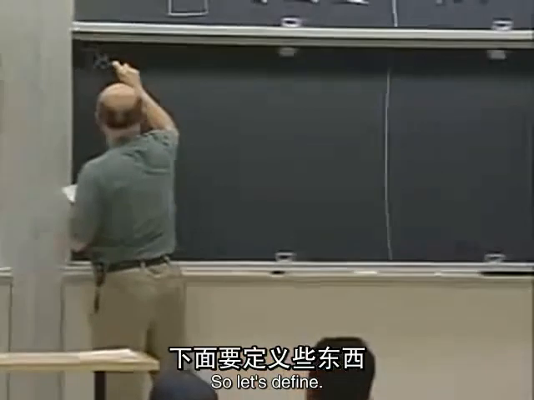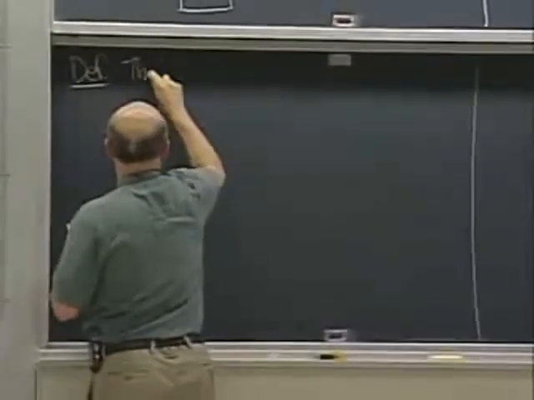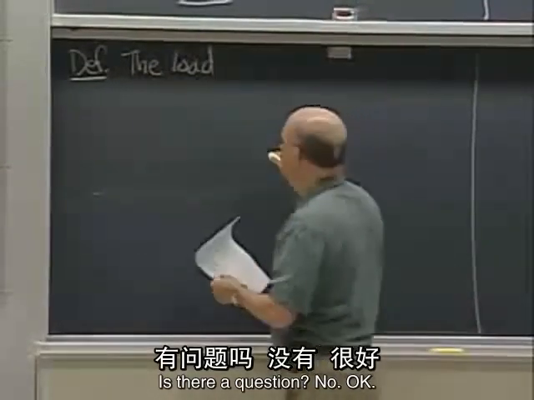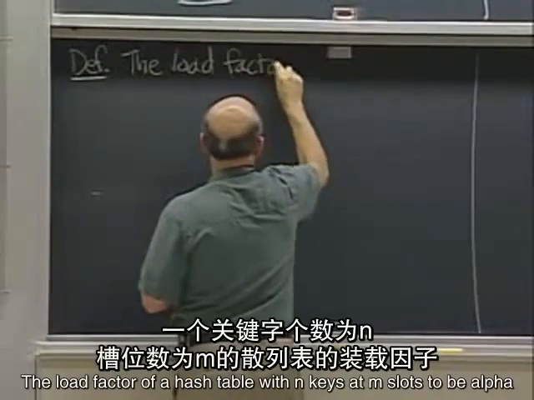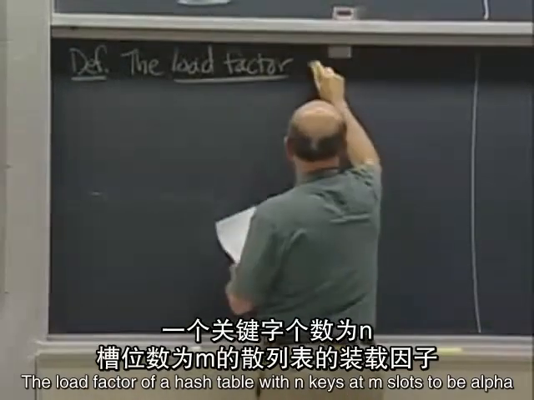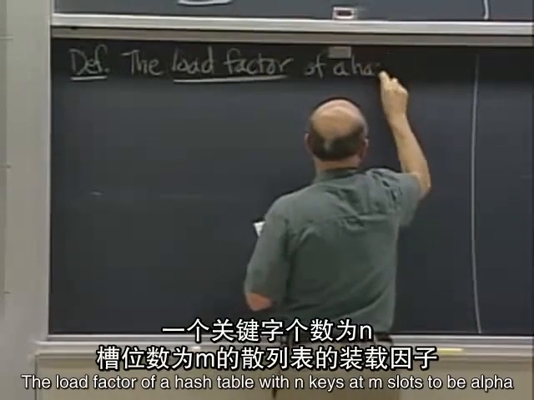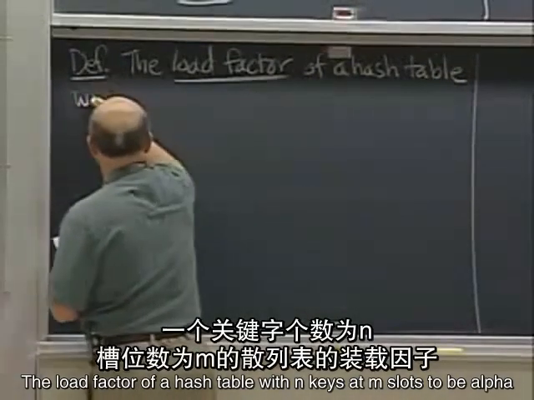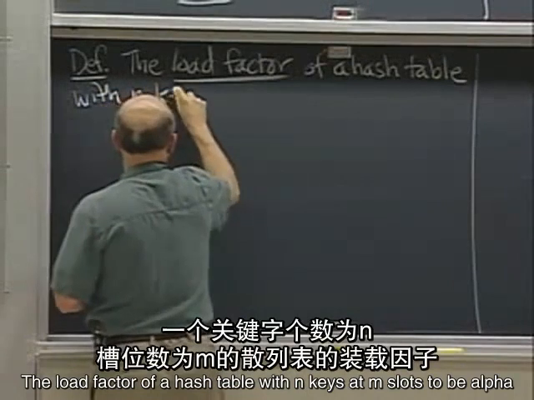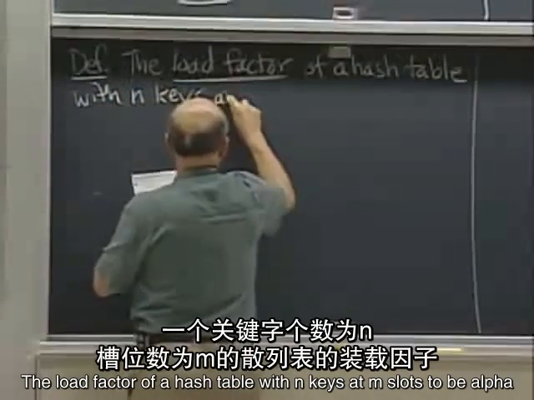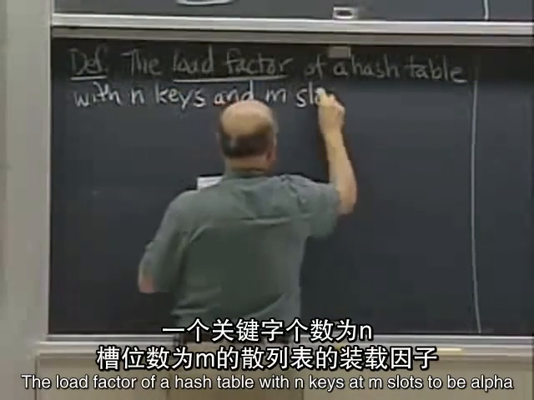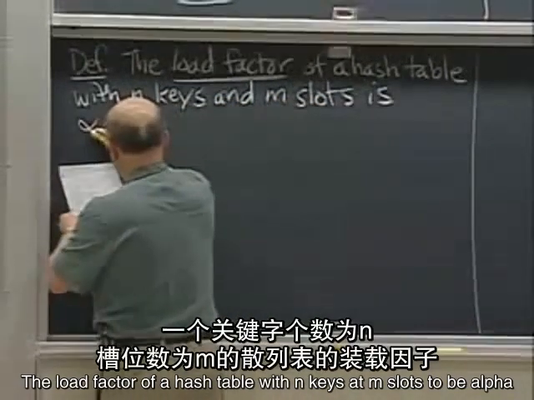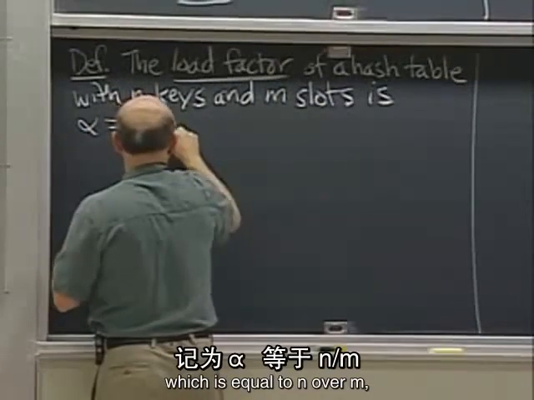So let's define, is there a question? No? Okay. The load factor of a hash table with n keys and m slots to be alpha, which is equal to n over m.